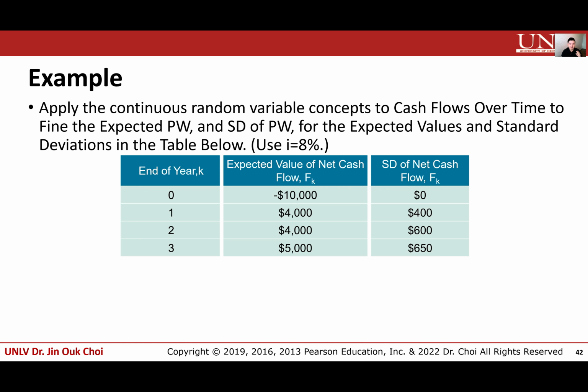You can see the equations are slightly different from the discrete random function. In this example, I ask you to apply the continuous random variable concepts to cash flows over time to find the expected present worth and standard deviation of present worth for the expected values and standard deviations in the table below. The problem already gave you the expected value of net cash flow and the standard deviation of net cash flows.